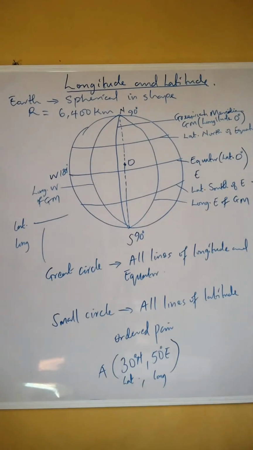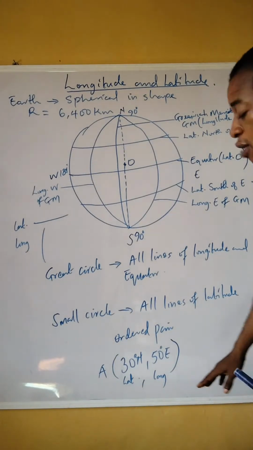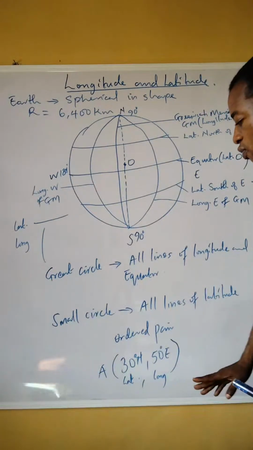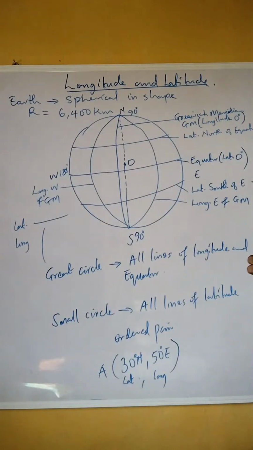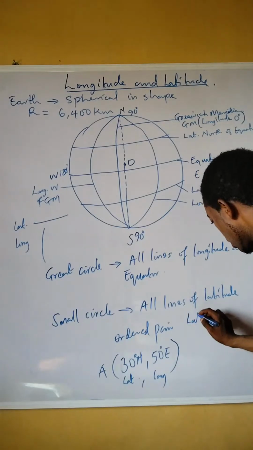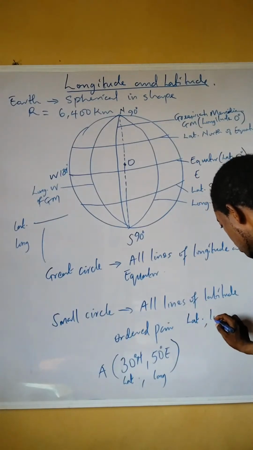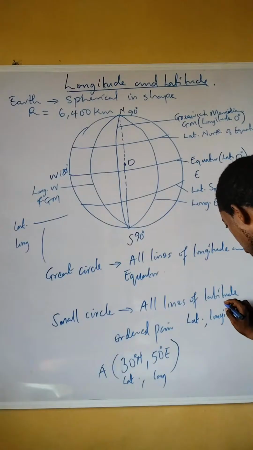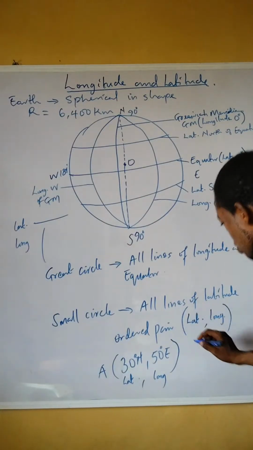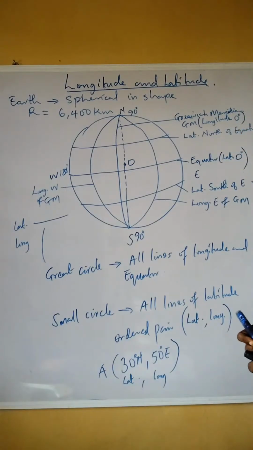Whenever we see a point on the Earth's surface, it is always written as an ordered pair of latitude first, then longitude second. We should always take note of that.